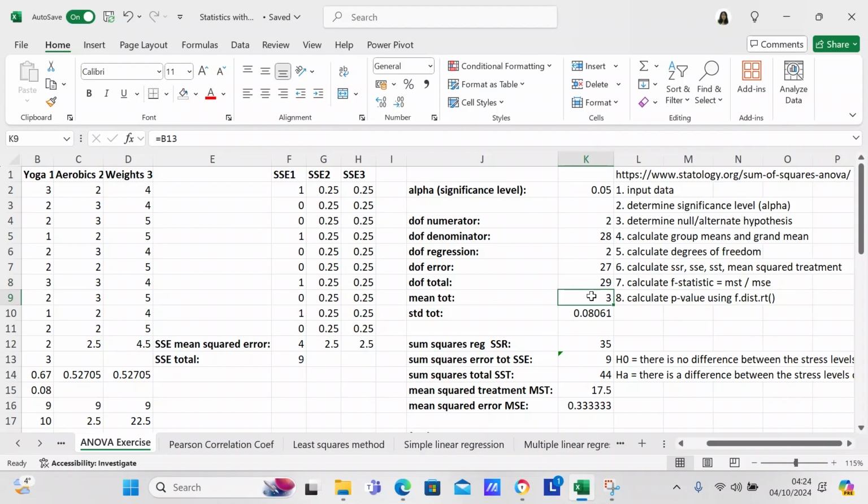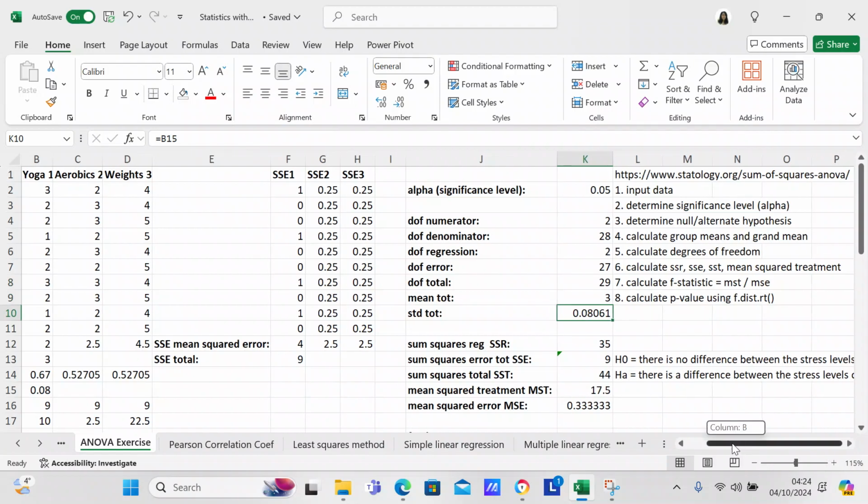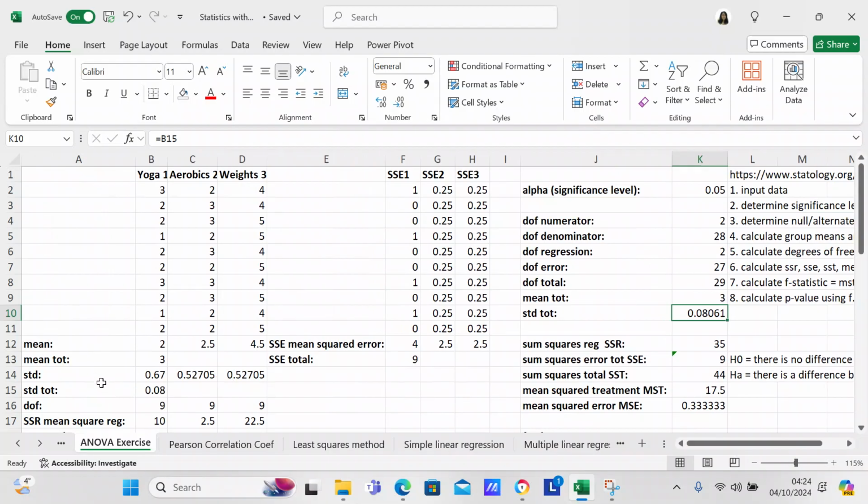So we check the mean, and then I just move that over. The mean is B13. And then I check the STD total, the standard deviation, and I just moved that over. That was B15 because we calculated the standard deviations.